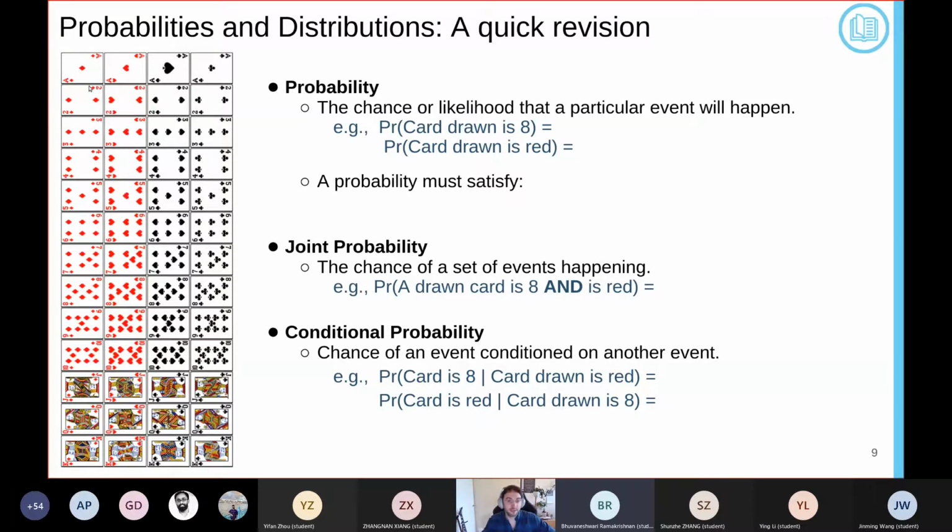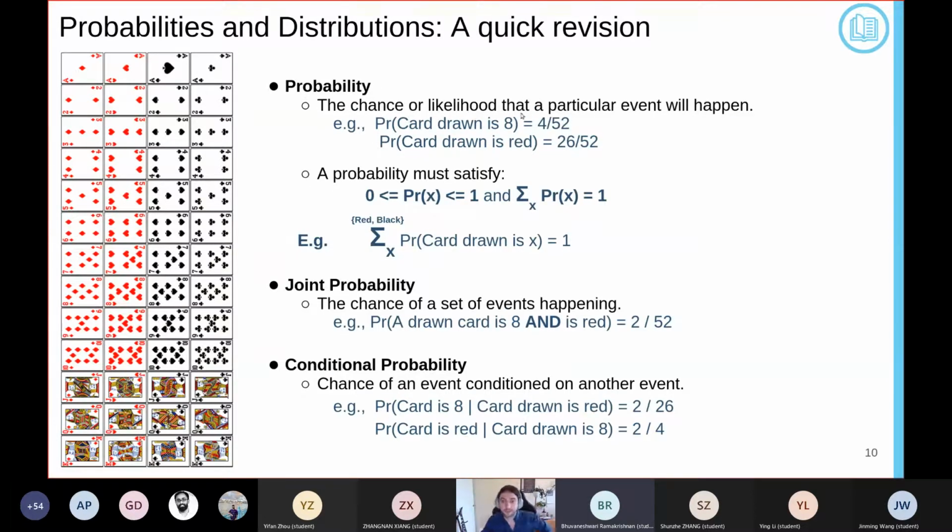Is it 52 cards, I think? I'm gonna jump to the next one and see quickly. Over 52, sorry. So we have 4 8s over 52 possible cards. Probability that a card drawn is red, so that would be 26. So there are 26 red cards out of a whole stack of 52 cards.